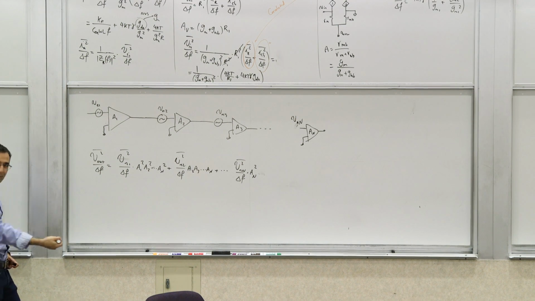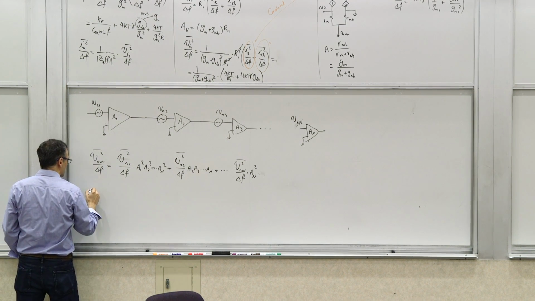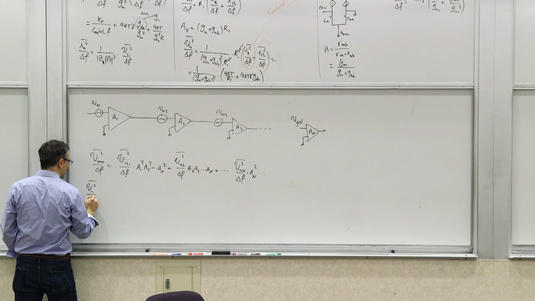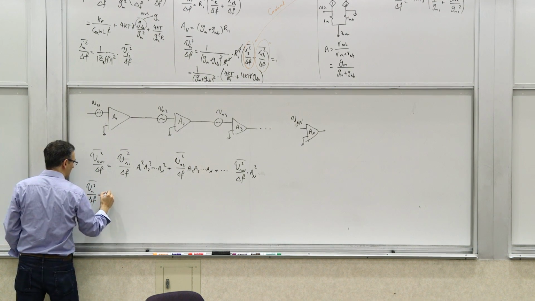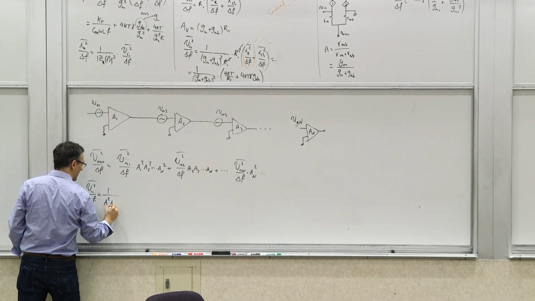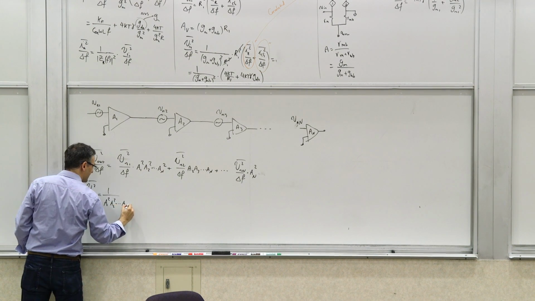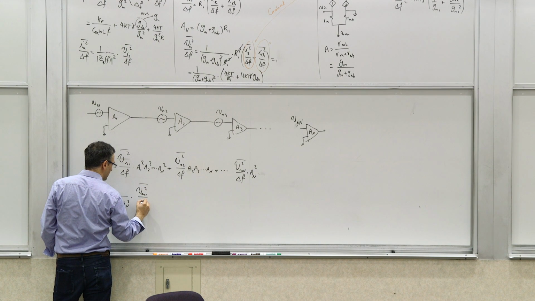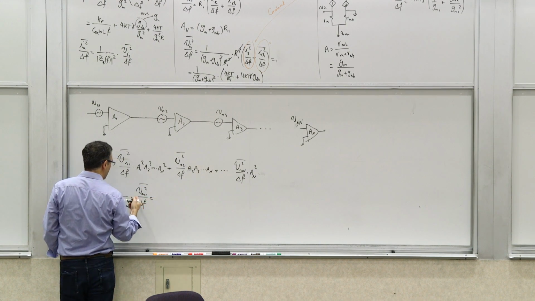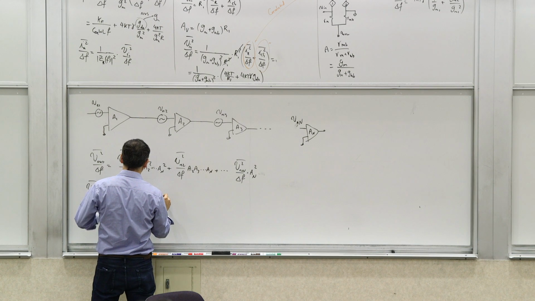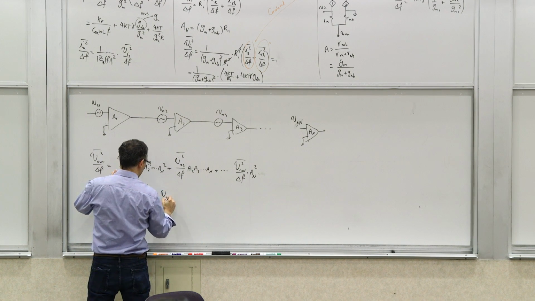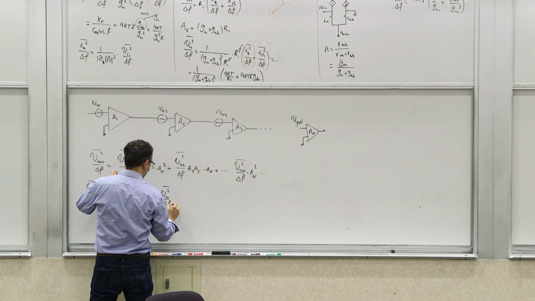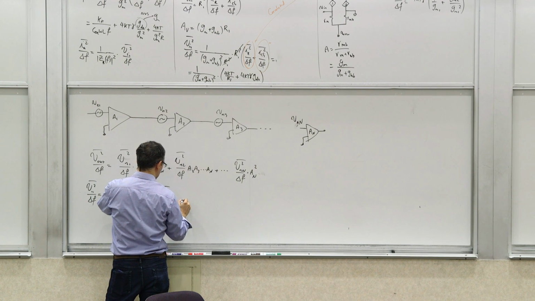But now what is the input referred noise? To calculate the input referred noise, you have to divide it by the total gain. That is 1 over A1 squared, A2 squared, all the way to An squared, times the output noise power. If you do that, you can clearly see what you get is Vn1 squared over delta F, because all of these cancel in this term.